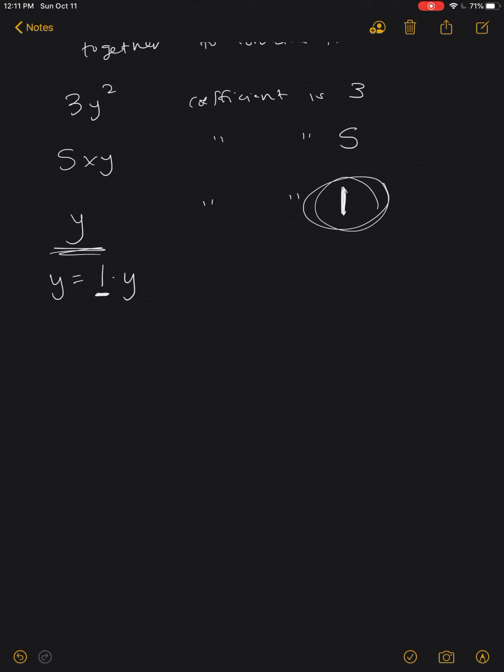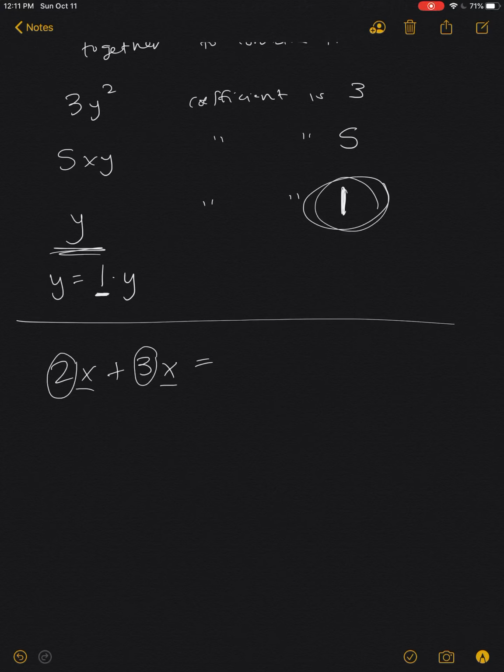Okay, so then we can add together coefficients in like terms. So let's say we have 2x plus 3x. Okay. They both are like terms because they both have x to the same power.